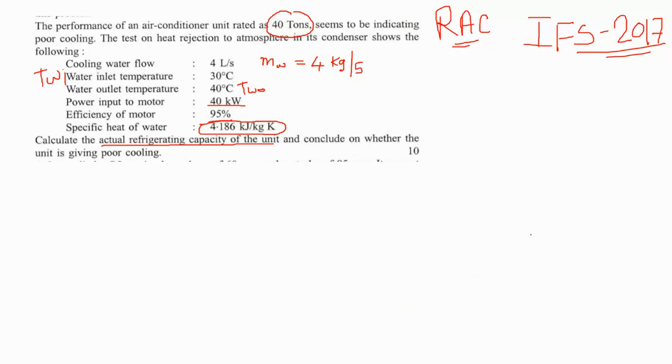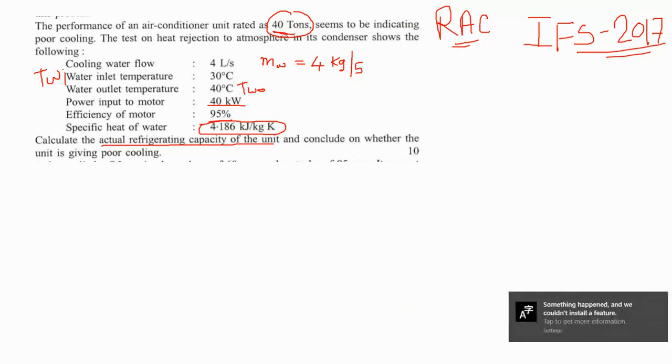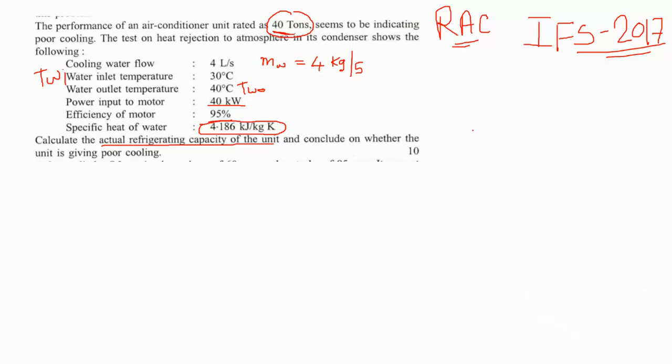Now this 40 tons is the amount of heat that has been extracted from the room to the evaporator. So that is QE, that is our rated capacity. It is given 40 tons.